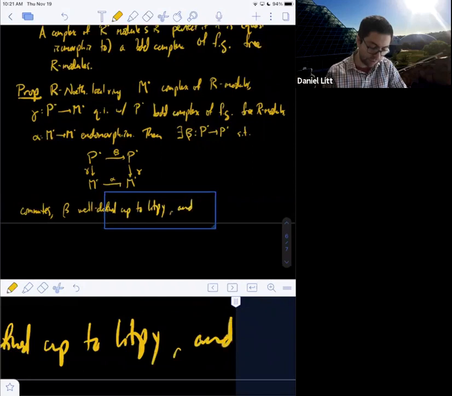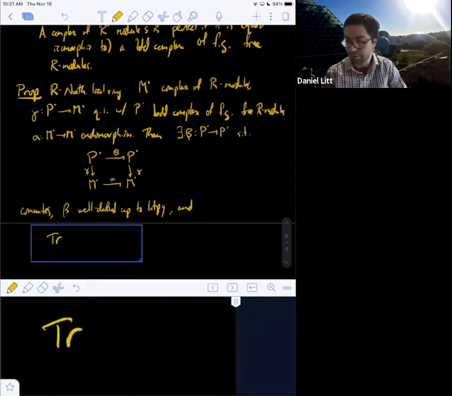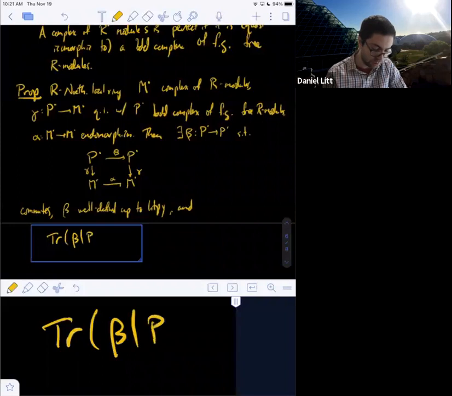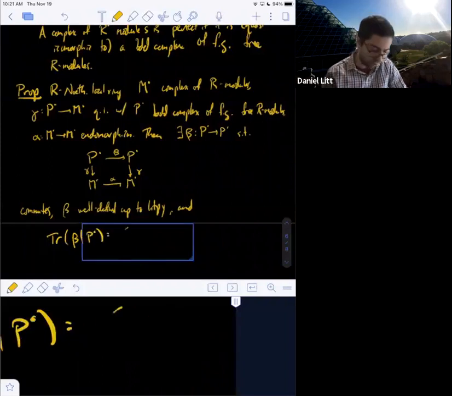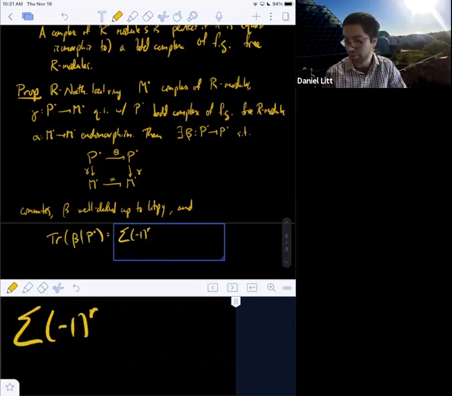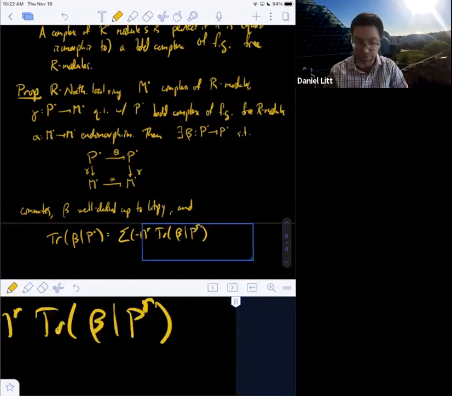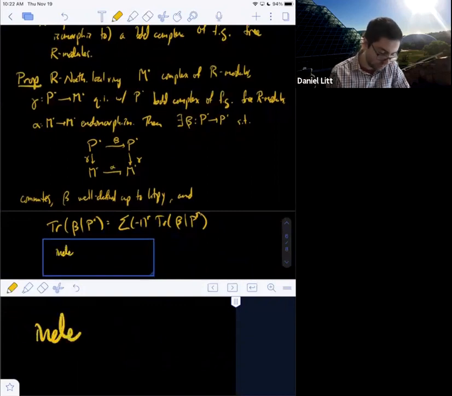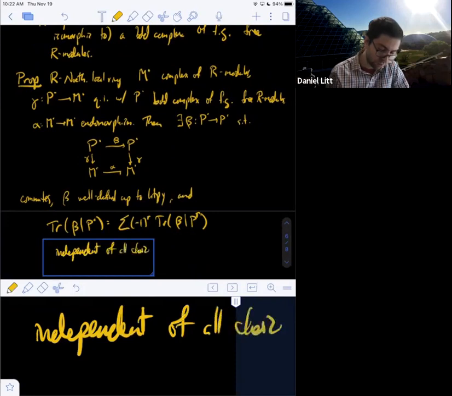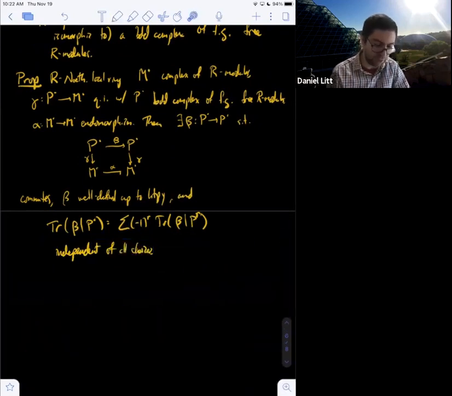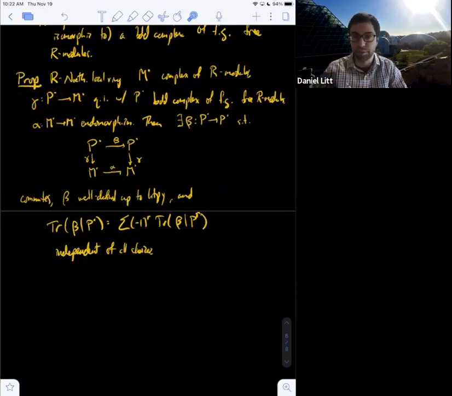And the key is that the trace of beta on P, which is by definition the alternating sum of the traces of beta on P_r, is independent of all choices. All choices here means not just the choice of beta, but also this gamma, so also the choice of perfect complex quasi-isomorphic to M.